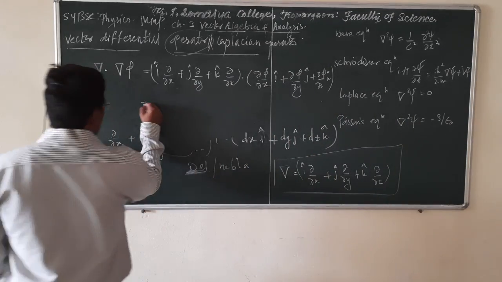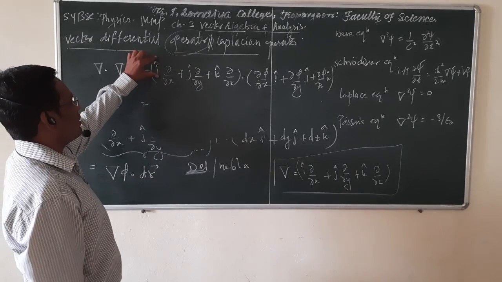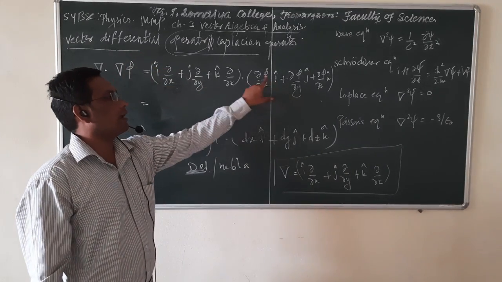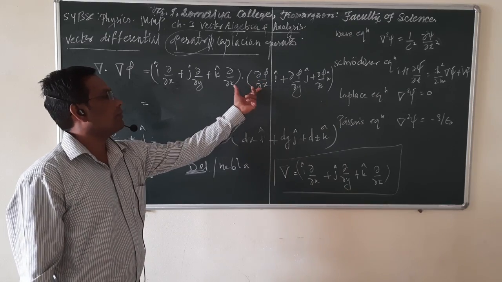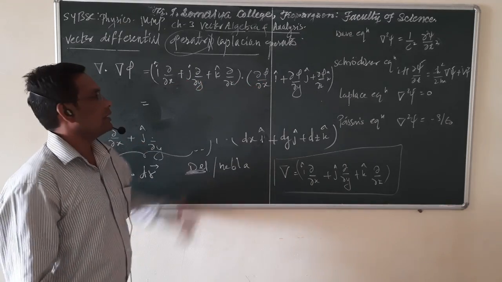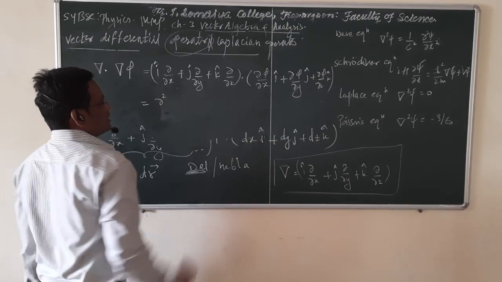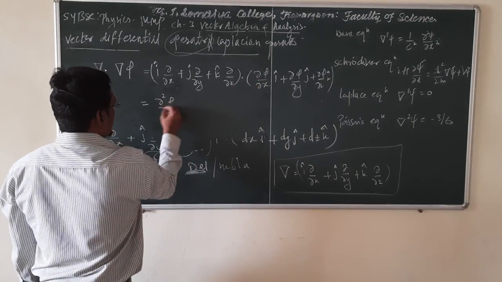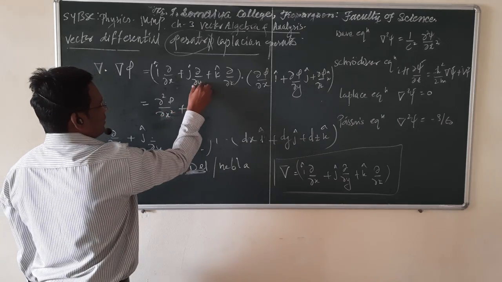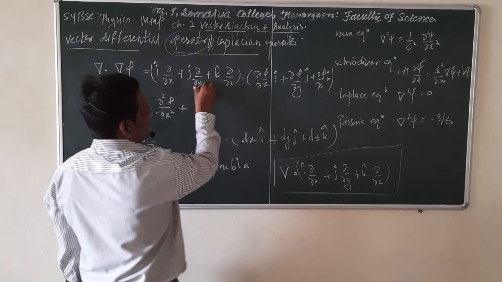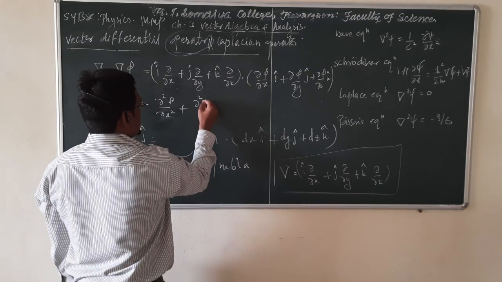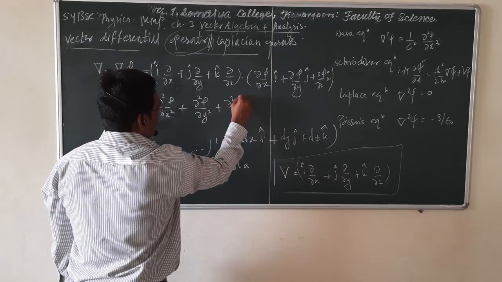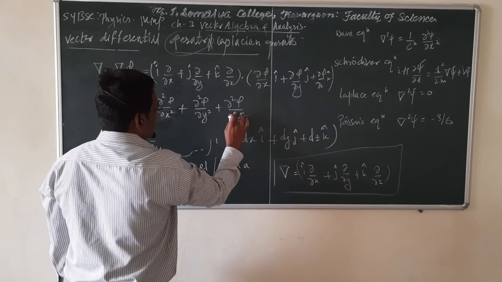If you take the dot product, the coefficient of i cap is ∂/∂x and here the coefficient of i cap is ∂phi/∂x. Multiplying these gives the second order partial derivative of phi with respect to x. Similarly for j cap we get the second order partial derivative with respect to y, and with respect to z.